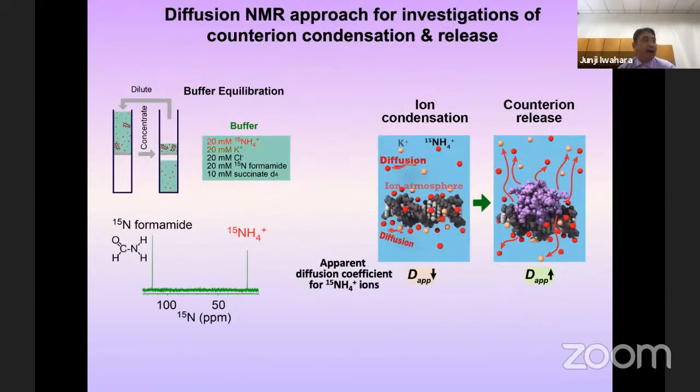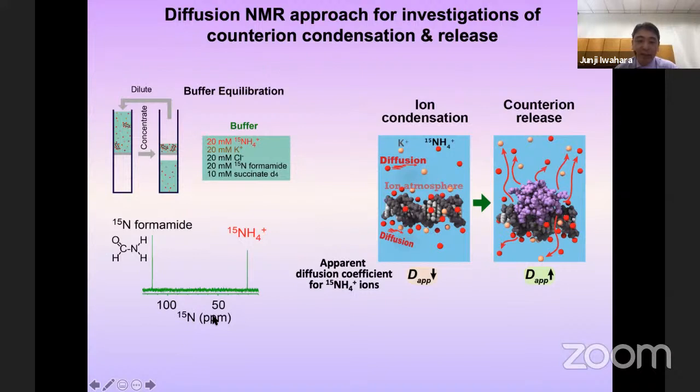And we use ion diffusion to study ion condensation and counter-ion release. Basically, ion condensation should make the apparent diffusion slower. In other words, the diffusion coefficient should become smaller, and counter-ion release should cause an increase in the apparent diffusion coefficient.